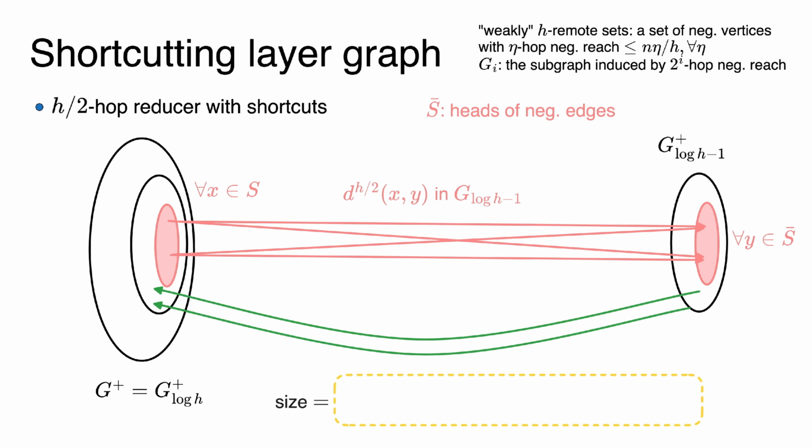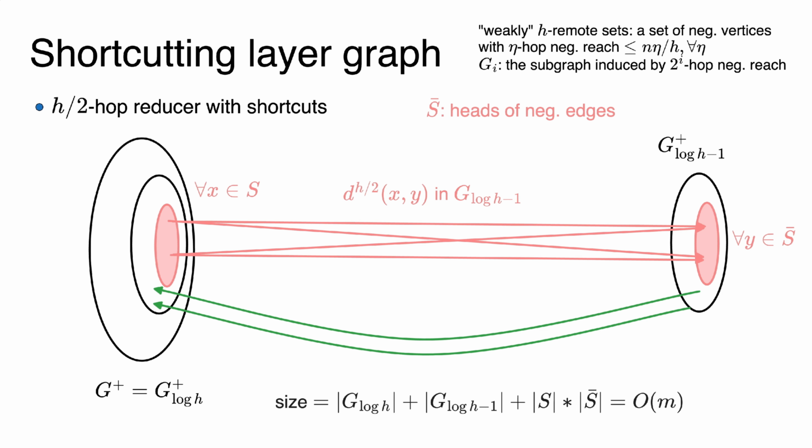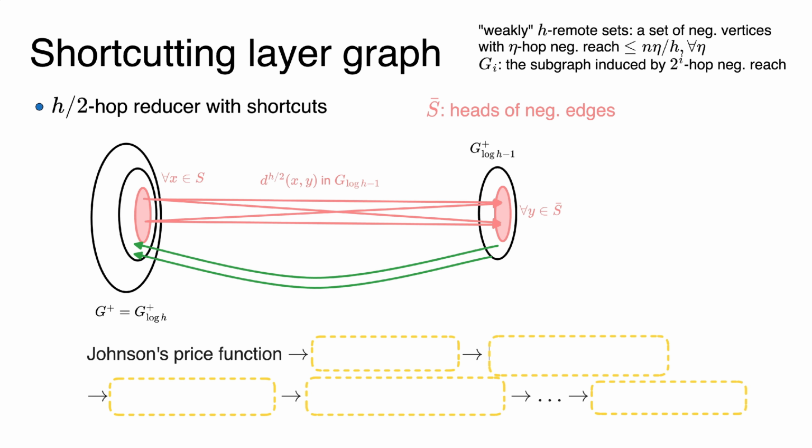Because the original graph is pretty dense, the number of shortcuts we added is shadowed by the number of edges in the original graph. So the size of this hop reducer is much smaller, it's only big O n. So now we overcome the issue that the hop reducer is too large.